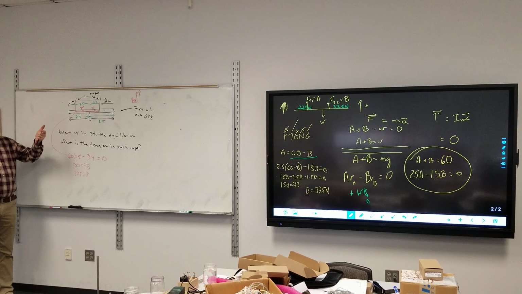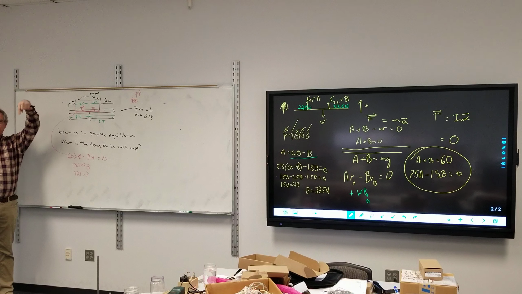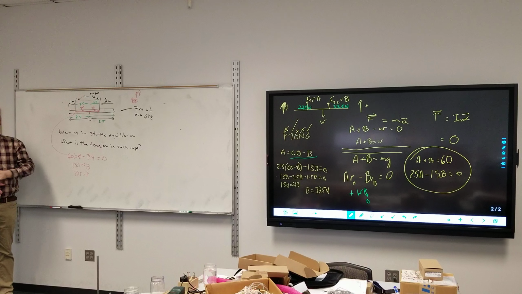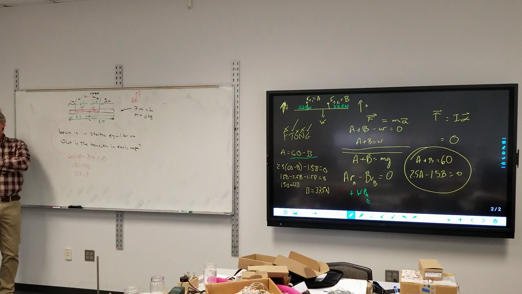Or it could be in linear equilibrium but not rotational equilibrium, which means I've got a force up, force down, and they're basically spinning it like a propeller. So the difference between linear equilibrium and rotational equilibrium is what exactly?